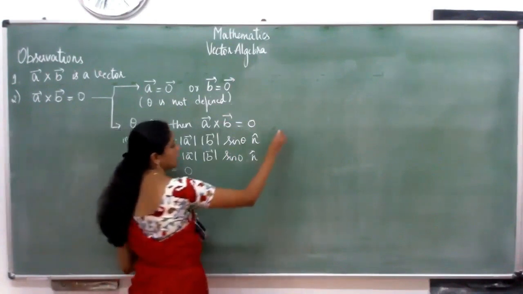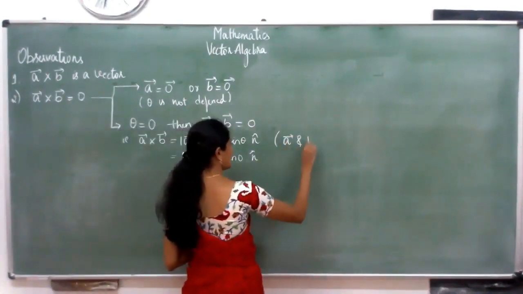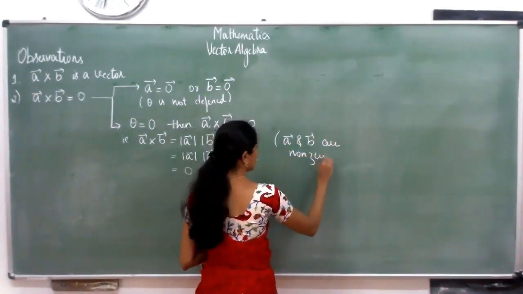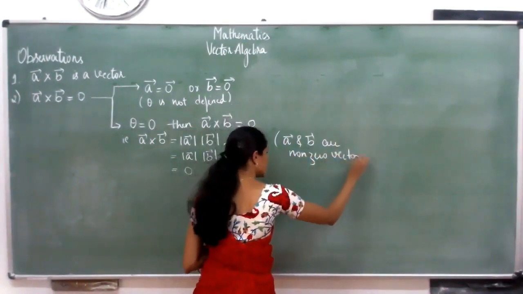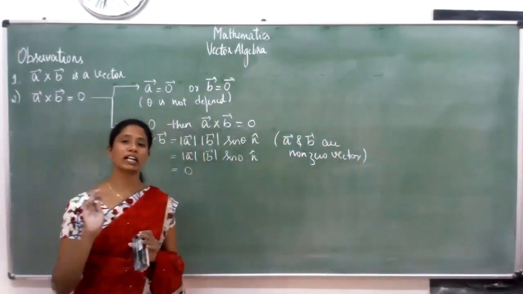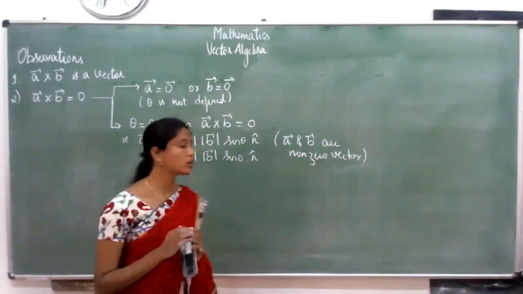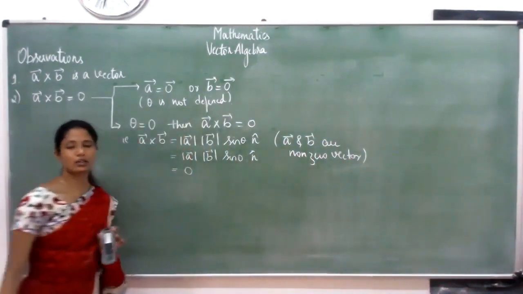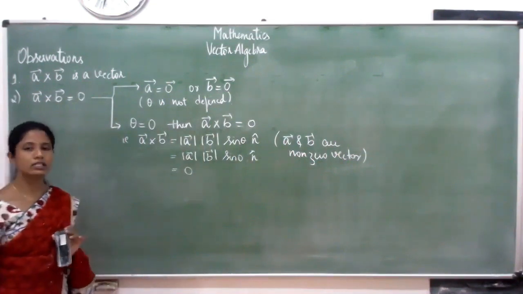You should keep that in mind. Here, vector A and vector B are non-zero vectors, but still we have a condition where the cross product between the two vectors is 0. So, under this condition, where theta is 0, the cross product between the two vectors is 0.